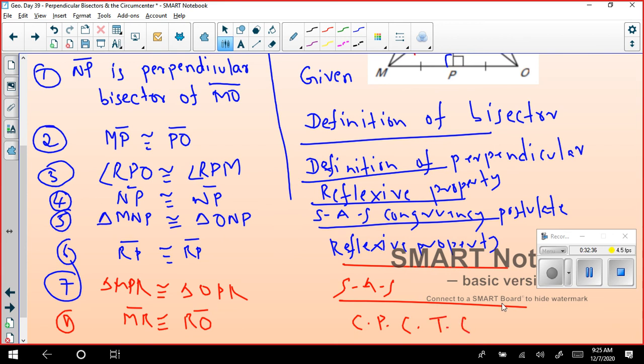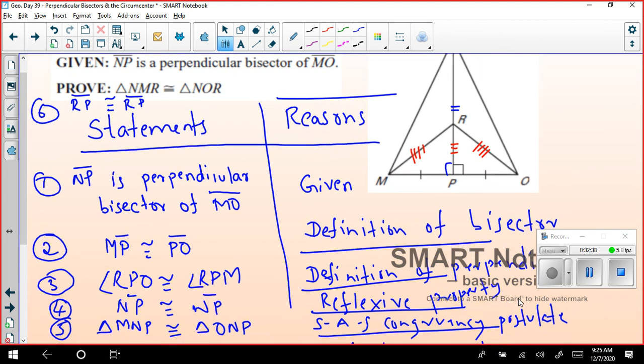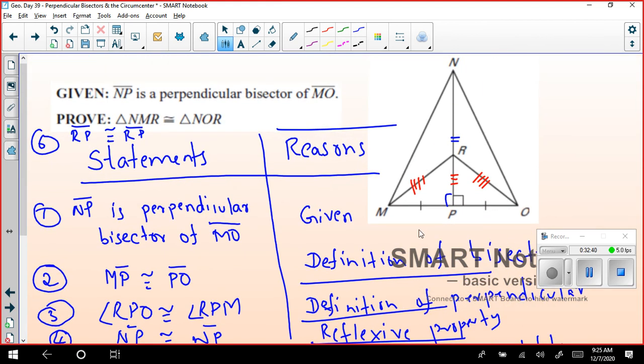And I can also say that as triangle NPO and triangle NPM are congruent, I can say these two sides are also congruent. Side NO is congruent to NM.